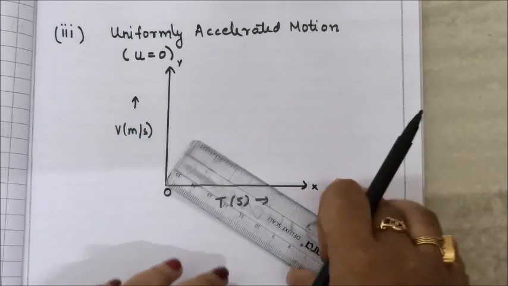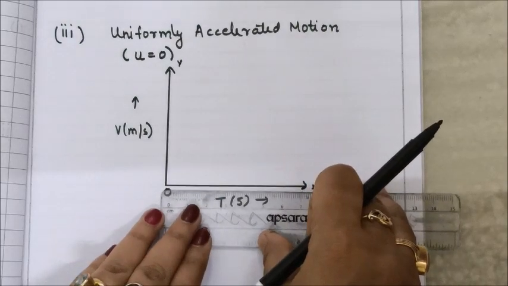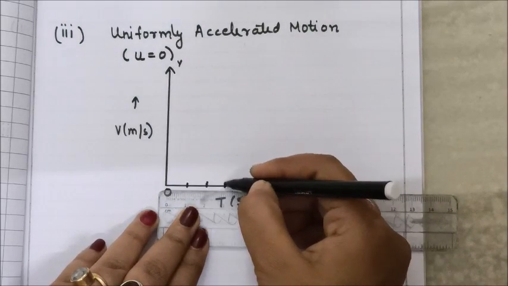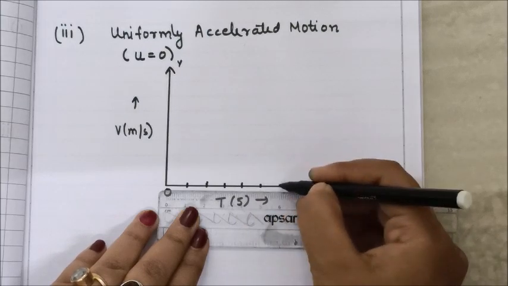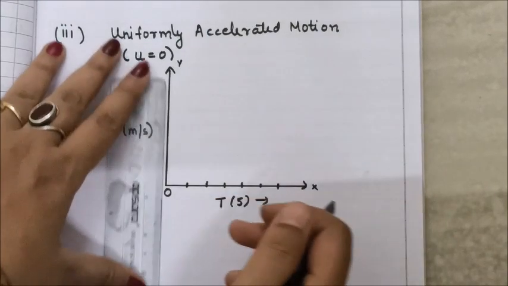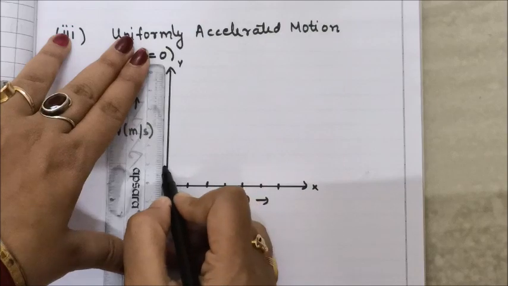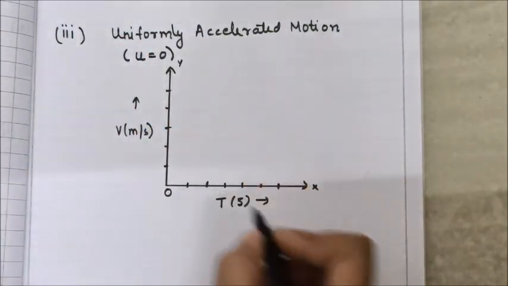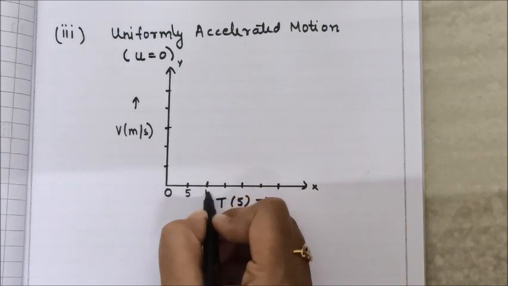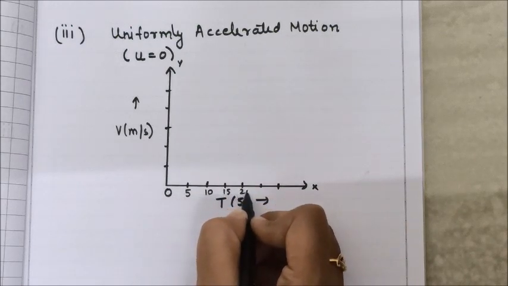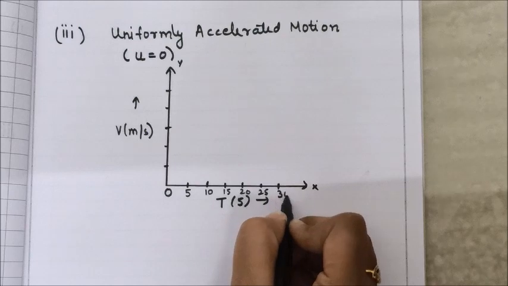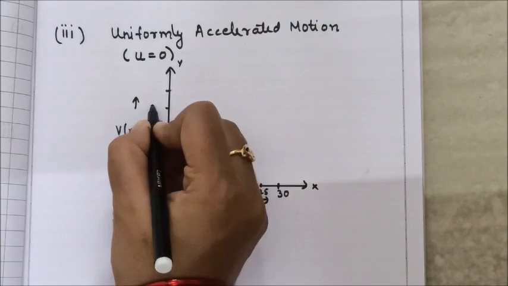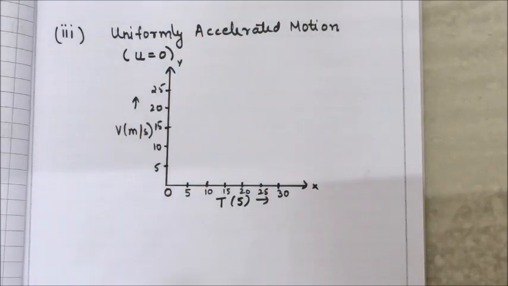For example, as I have shown you in my previous videos, we'll take 1 centimeter for the time, and on the y-axis also we'll take 1 centimeter. Let's mark it as 5, 10, 15, 20, 25 and so on. Similarly 5, 10, 15, 20, 25.